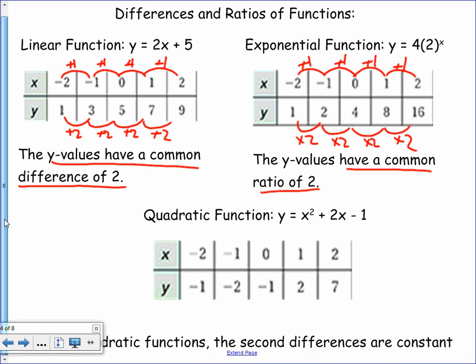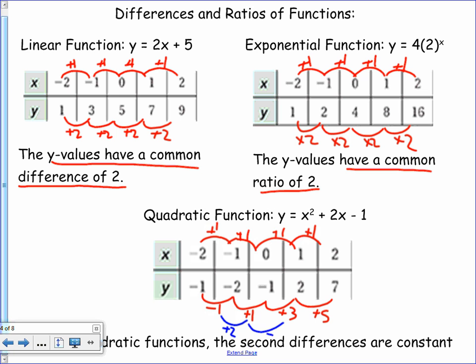In the quadratic function, here we're also adding 1 to get from one x to the next. And when we're first looking at it, we're subtracting 1, adding 1, adding 3, then adding 5. But if we look at the second set of differences, then we're adding 2, then we're adding 2 again, and we're adding 2 again.